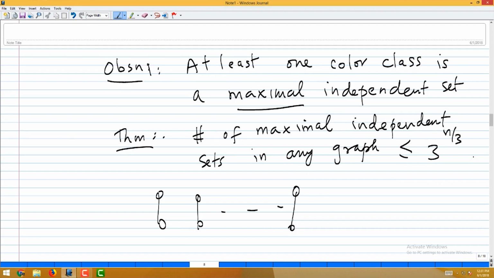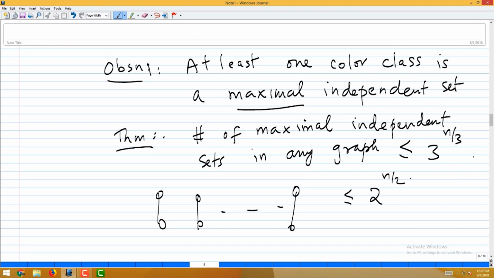You pick exactly one vertex from each matching edge. That will be a maximal independent set. You can't improve it anymore, and you can't even remove anything, because if you don't pick one from a matching edge, you can pick it. So, that number is 2 power n by 2. So it is not 2 power n, it is like 1.4 power n.